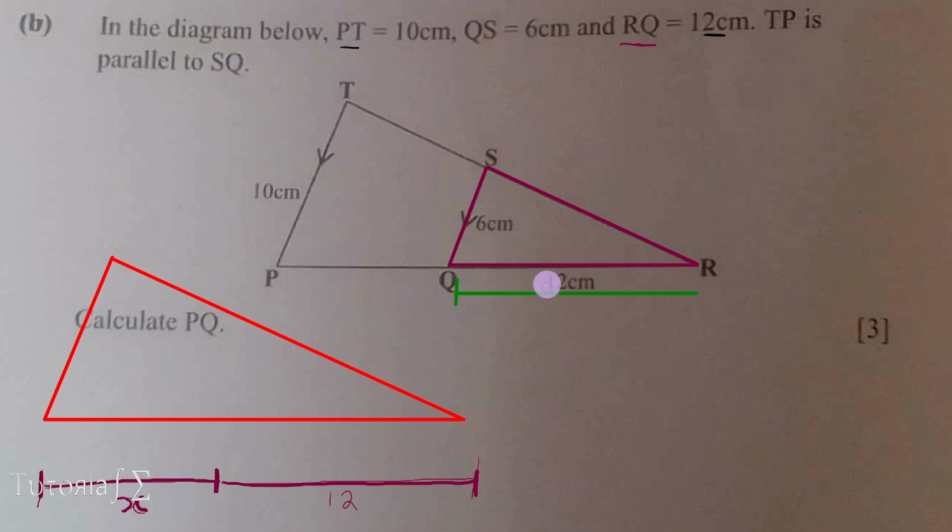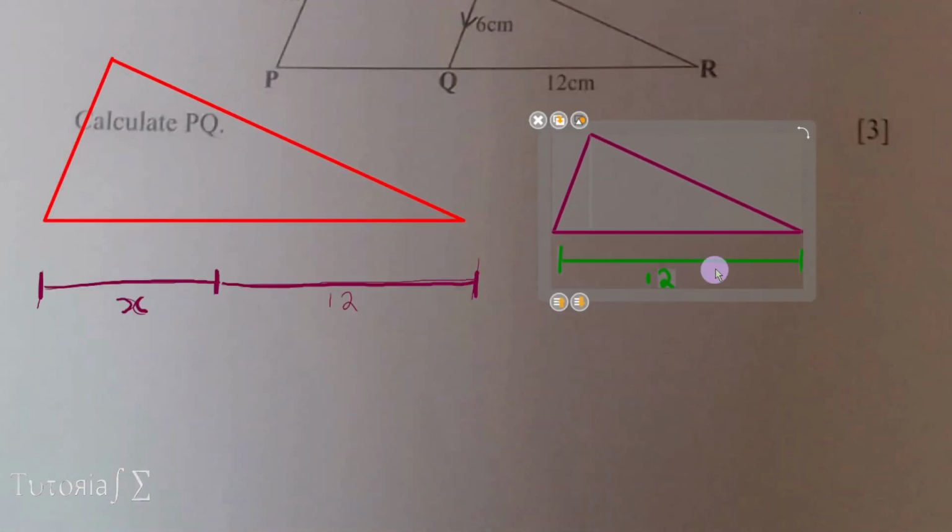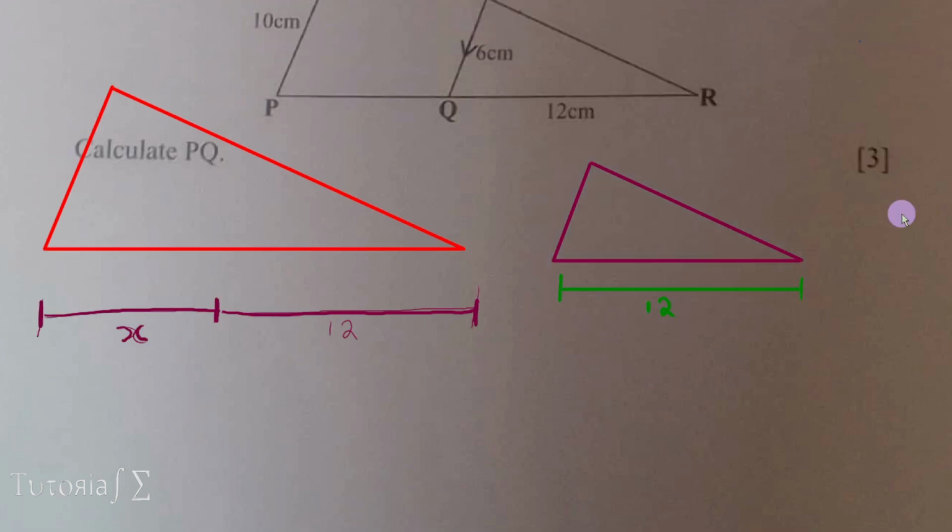So this is 12 centimeters. And we can also pull it out so that we have this other triangle, the small triangle right here. Okay, now we have two triangles. Now we just need to identify the sides that are similar.